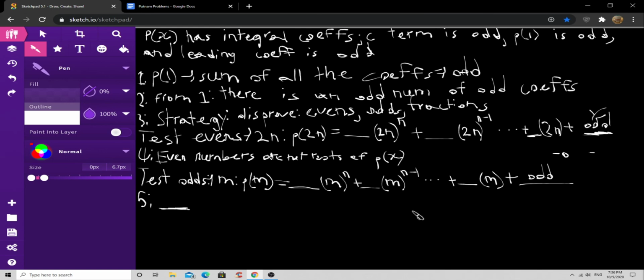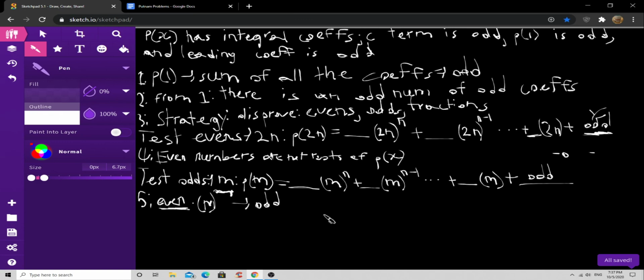So notice that an even number times m to whatever power is always going to be even.